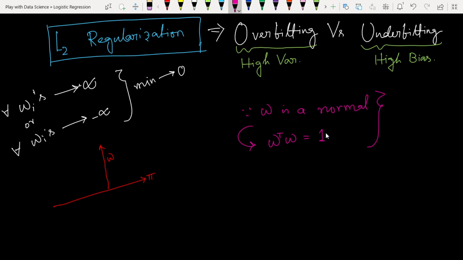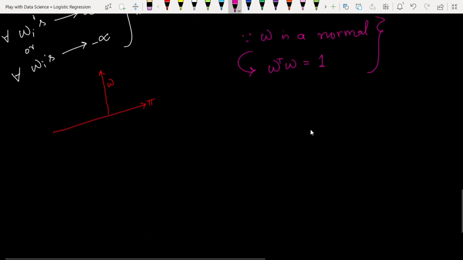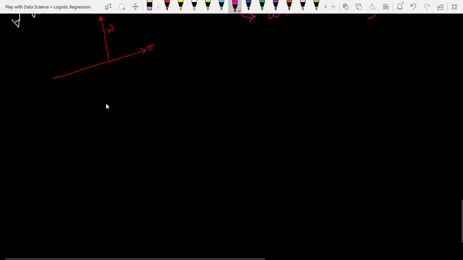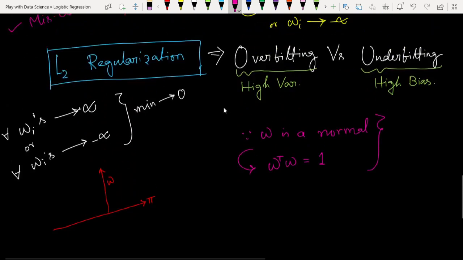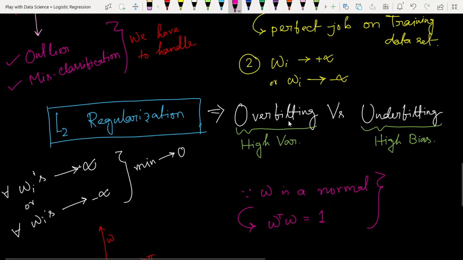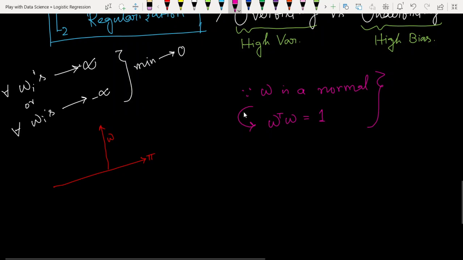And why do we call it L2 regularization? This is the main thing. Our regularization aims to avoid overfitting and underfitting, so we use a regularization term.